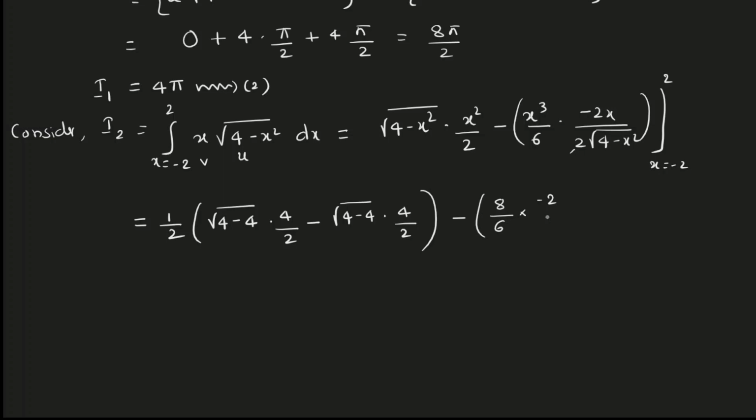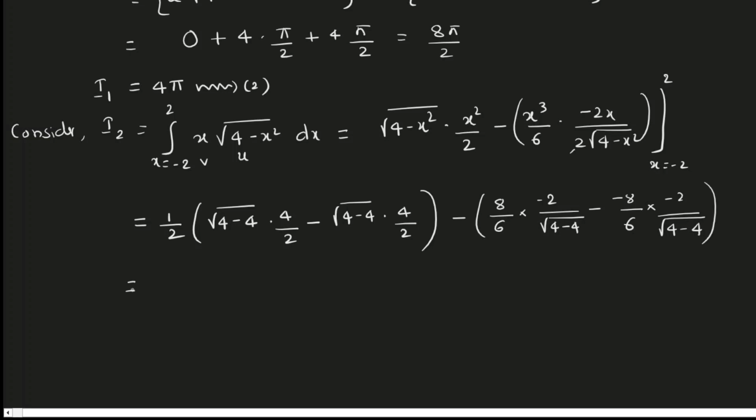Lower limit is minus 8 by 6 into minus 2 by root 4 minus 4. What happened? Since we have root 4 minus 4, the whole expression becomes 0. All this is 0. So now substitute 2 and 3 in 1.